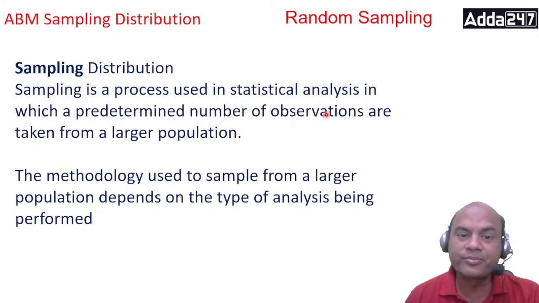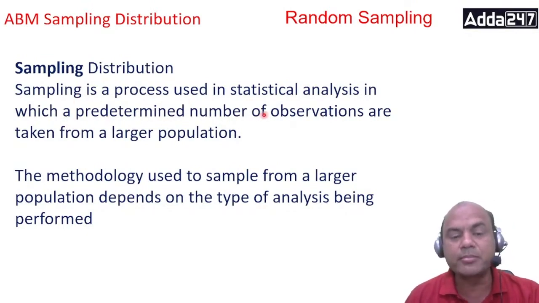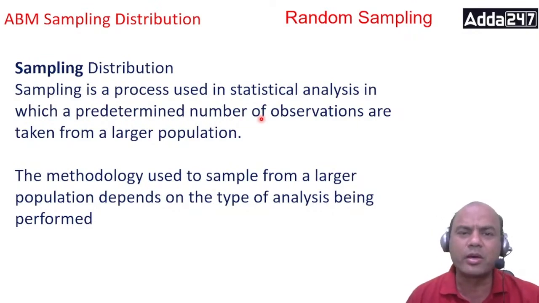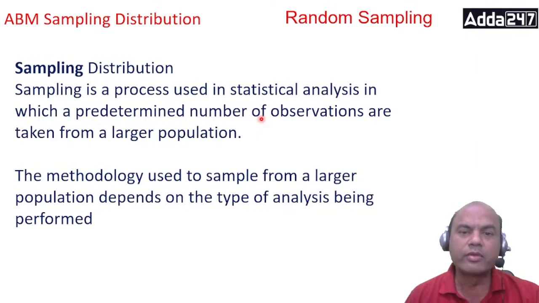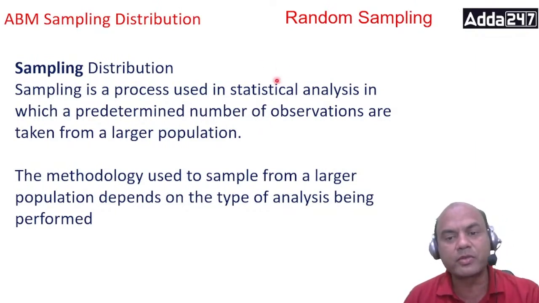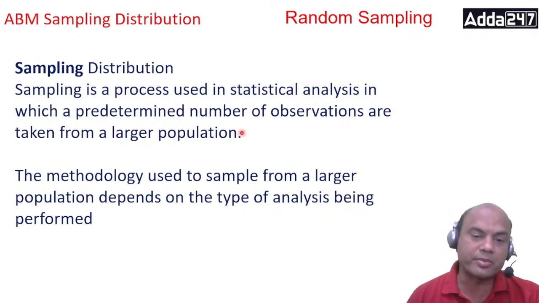I must know how many samples I have to take. If I don't know that, then it would be of no use for me doing sampling. I'll go on taking samples, and how many I don't know. I'll take 500, then 1000, then 1 lakh. It won't end. So we must first decide where I have to stop. So a predetermined number of observations are taken from the larger population.